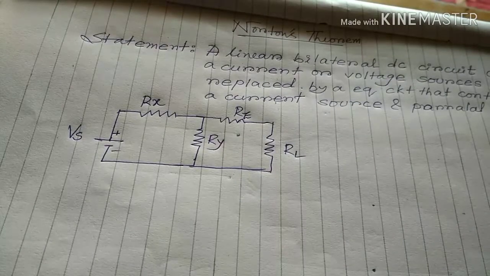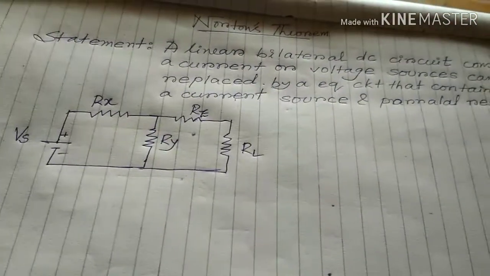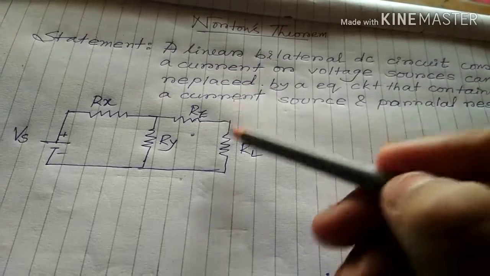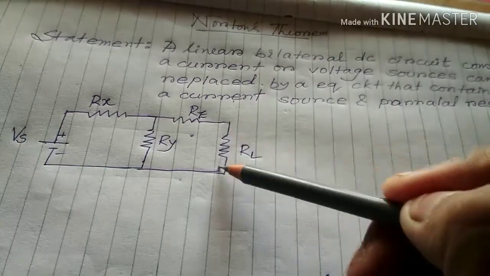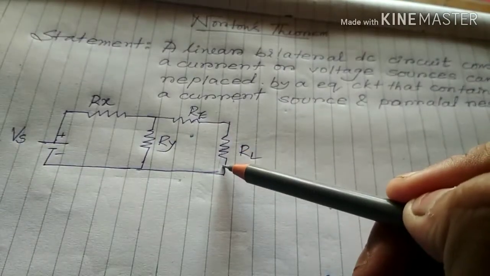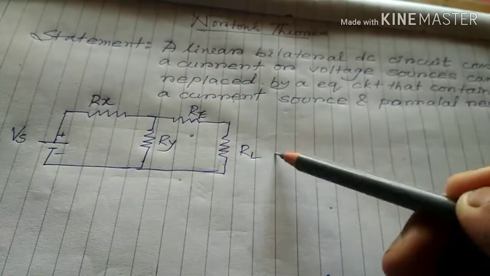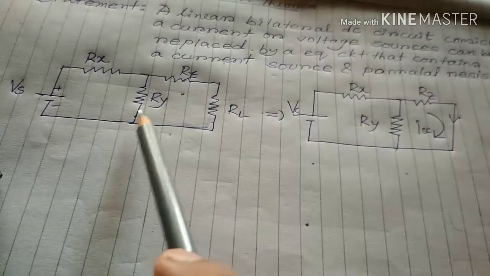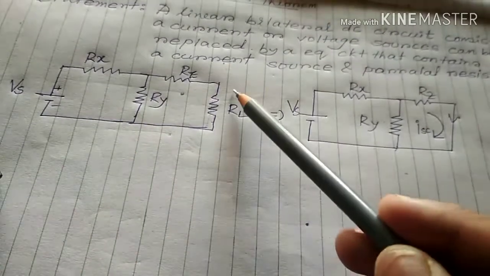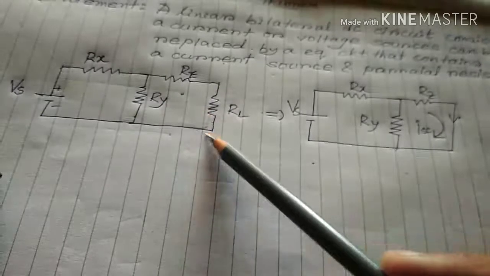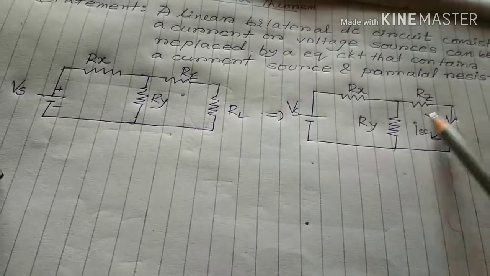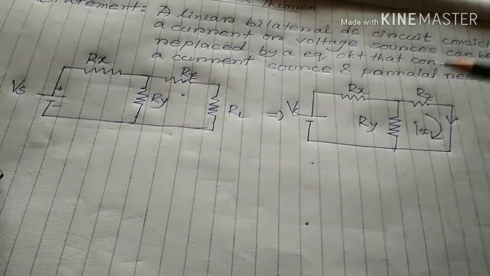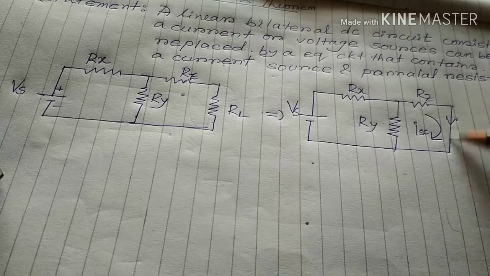So the first step is to short the load resistance and find the short circuit current. For Norton's equivalent circuit conversion, we first short the load resistance. This is the short circuit, and we need to find the current through this branch.